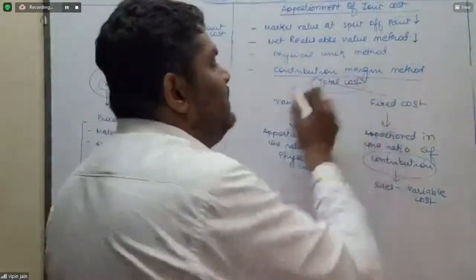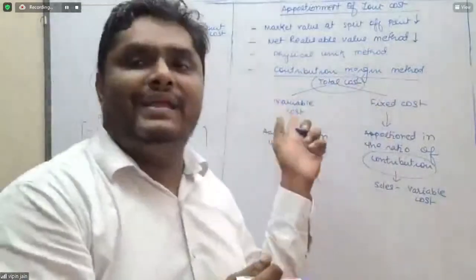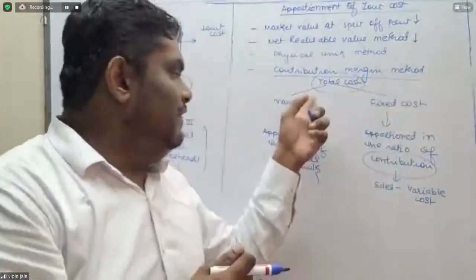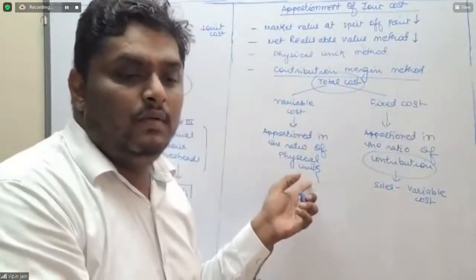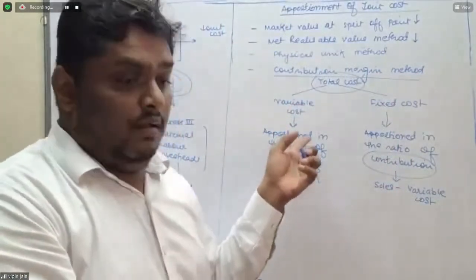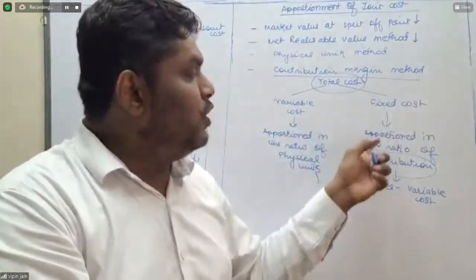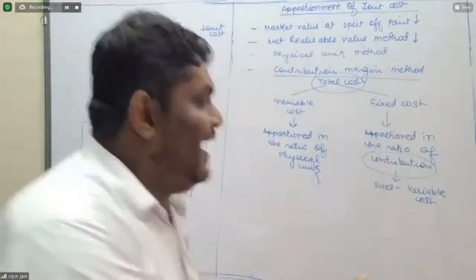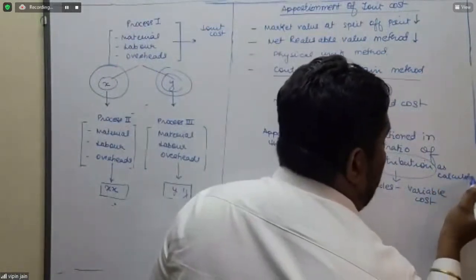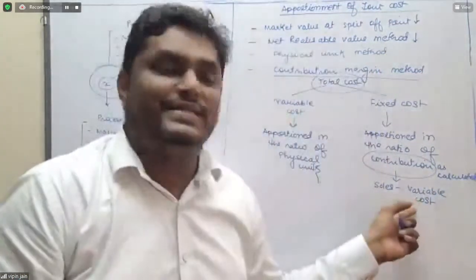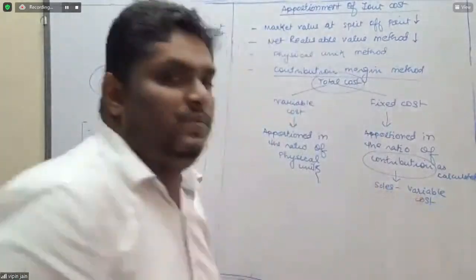The total cost will be divided in two parts, variable cost and fixed cost. Variable cost will be apportioned in the ratio of physical units, and fixed cost will be apportioned in the ratio of contribution as calculated. And how is contribution calculated? That is sales minus variable cost.